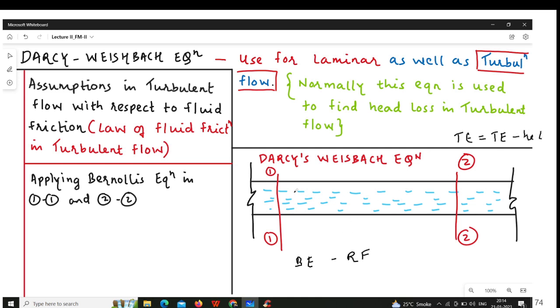For example, we are dealing with section 1-1 and section 2-2. Total energy at section 2 equal to total energy at previous section, total energy at section 1 minus head loss or energy loss. So total energy at section 1 equal to total energy at section 2 plus head loss. So this is what we have to recall.